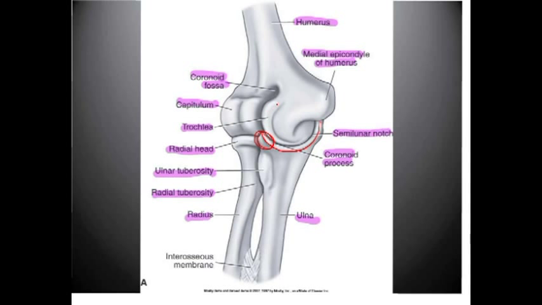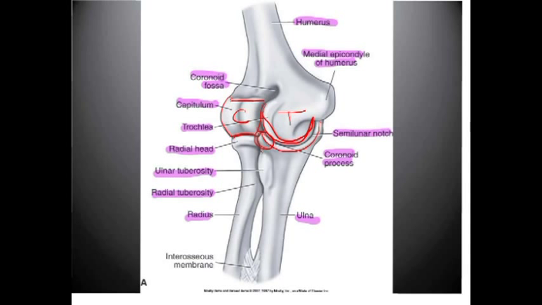We see that we have the trochlea sitting inside the trochlear notch, and we have the capitulum articulating against the radial head. So the capitulum is this. So this is capitulum, this is the trochlea.